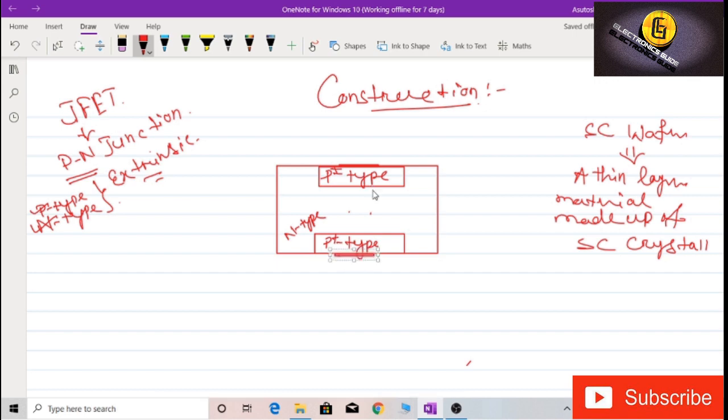This metallic contact is used to pull out a terminal here and here.